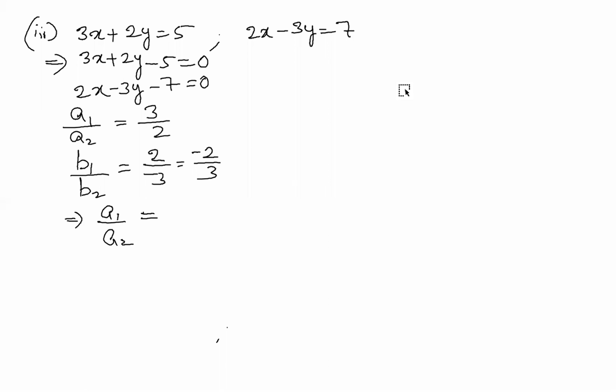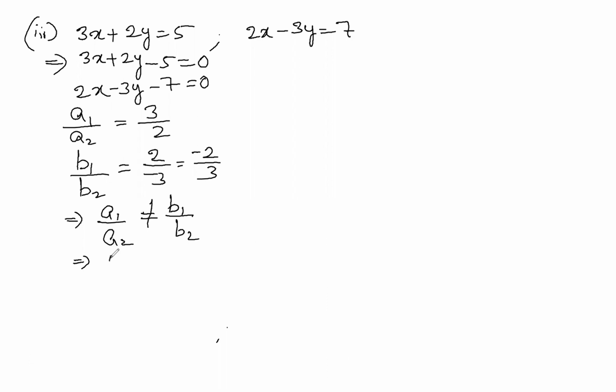Here, Sufyan, see, a1 by a2 is not equal to b1 by b2. This is the thing which you observe. So how many solutions will be there? Ram Prakash, how many solutions for this one? For the first one, sir, only one solution.